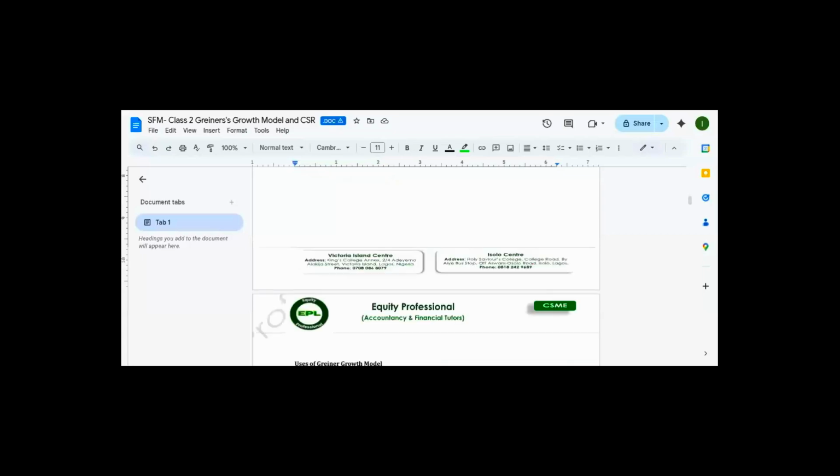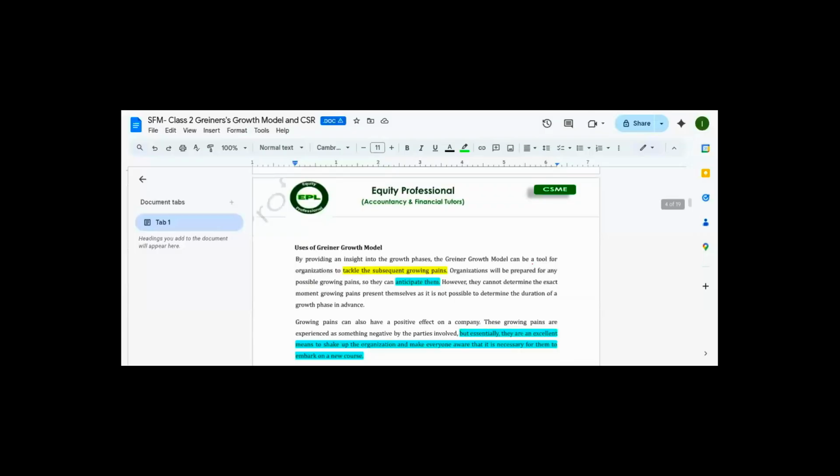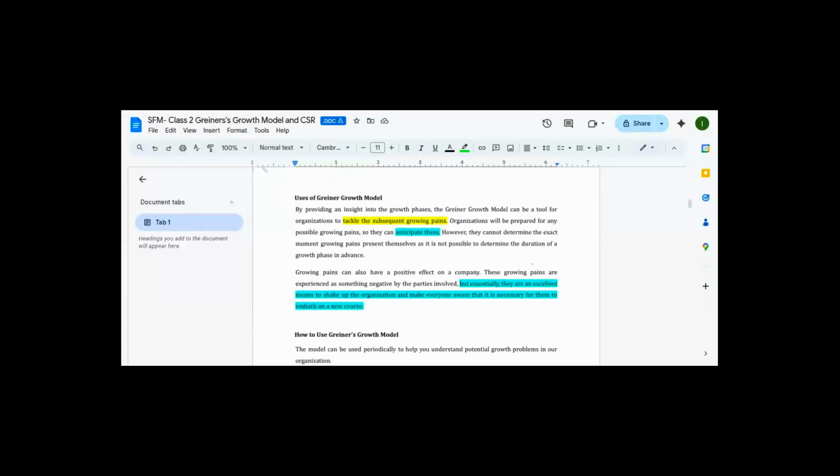So having looked at that, we have thoroughly looked at the 6 phases of the Greiner growth model. So what are the uses of the growth model? The significance of the growth model. The growth model is very useful in resolving growing pains.